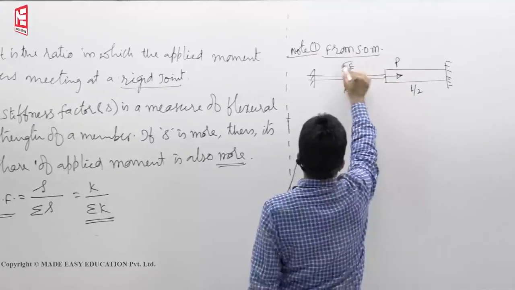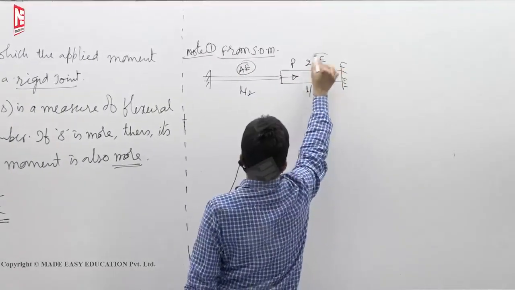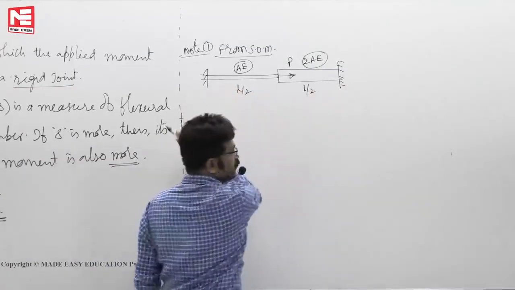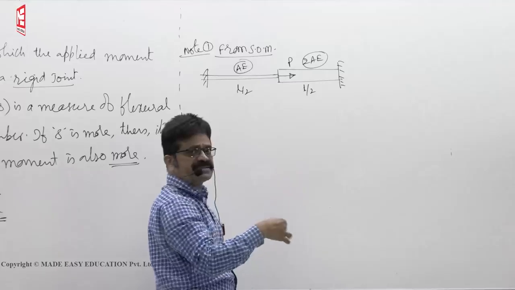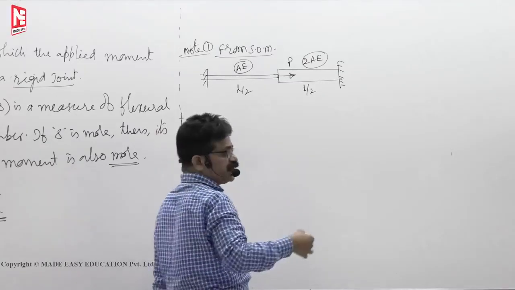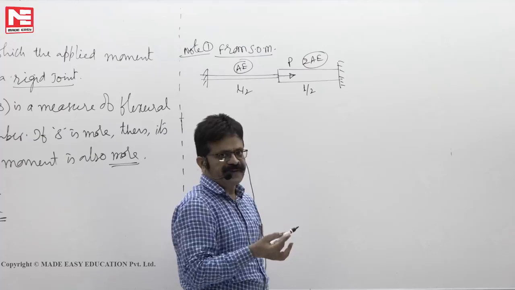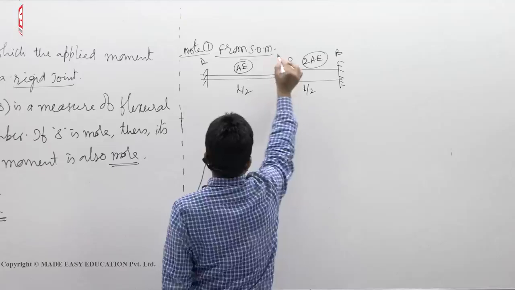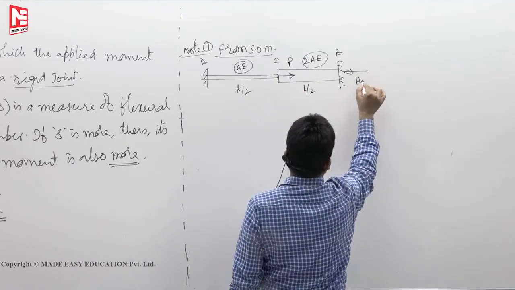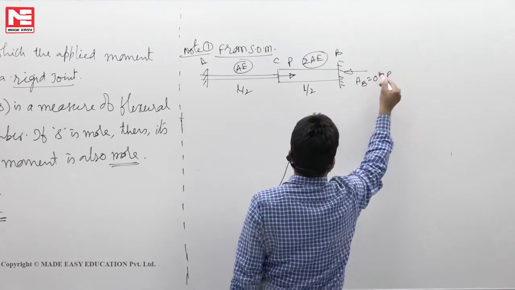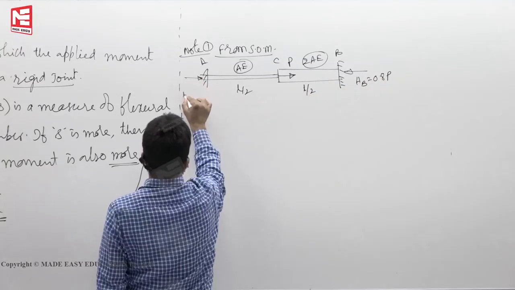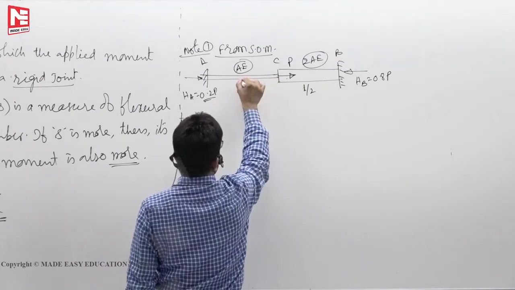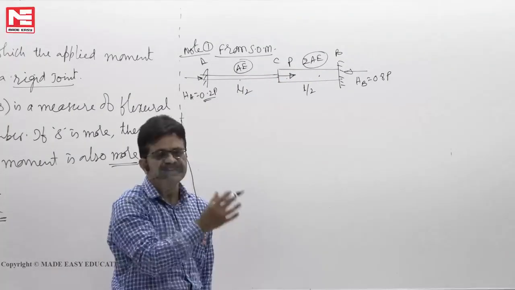This has axial rigidity AE, this is 2AE. If both of them are equally strong, sir might have told you 0.5P, 0.5P. If the axial rigidity is doubled, then the load carried will not be P by 2, it will slightly increase. Maybe at this point, let us say ABC, you found HB is 0.8P, then this will become 0.2P. That means out of P, this will take 20%, this will take 80%. That's how it will share.